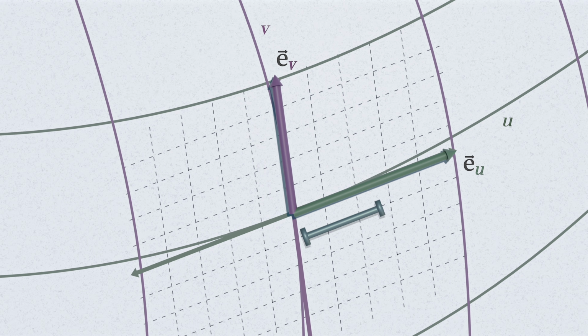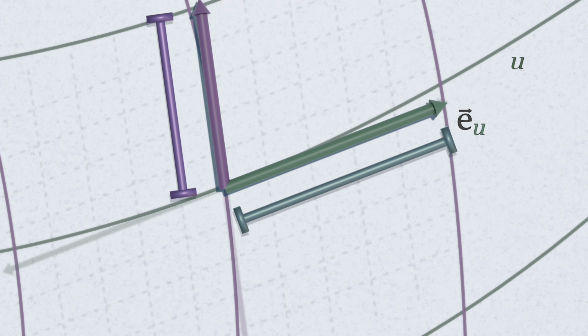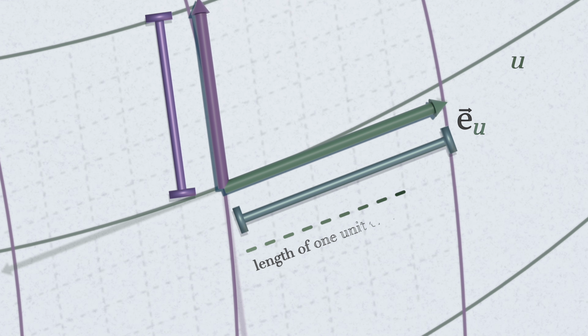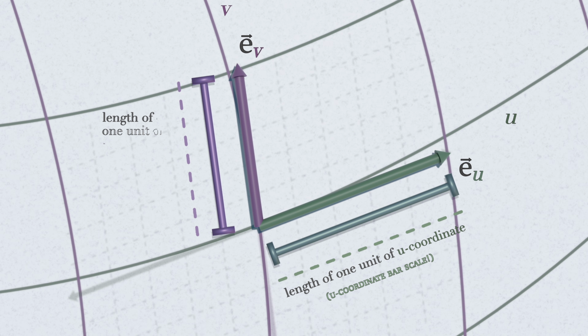Additionally, the length of these vectors represents 1 unit of their respective coordinate distance. So this length indicates how much manifold distance 1 unit of u-coordinate spans about that infinitesimal region, while this length indicates how much manifold distance 1 unit of v-coordinate spans there.